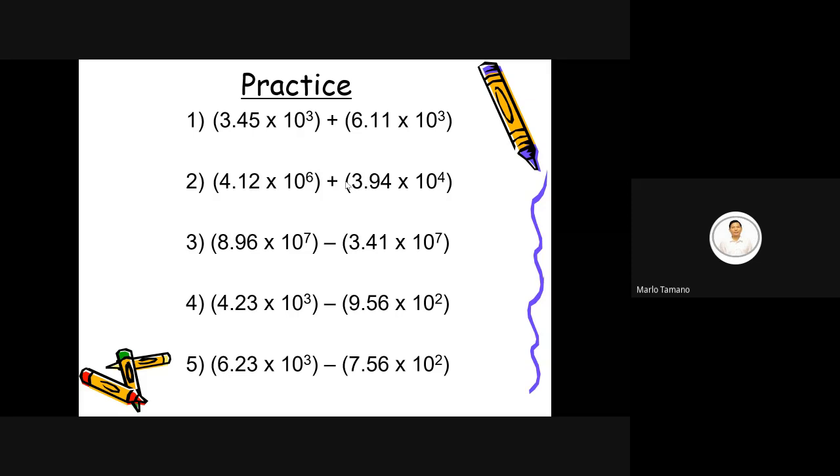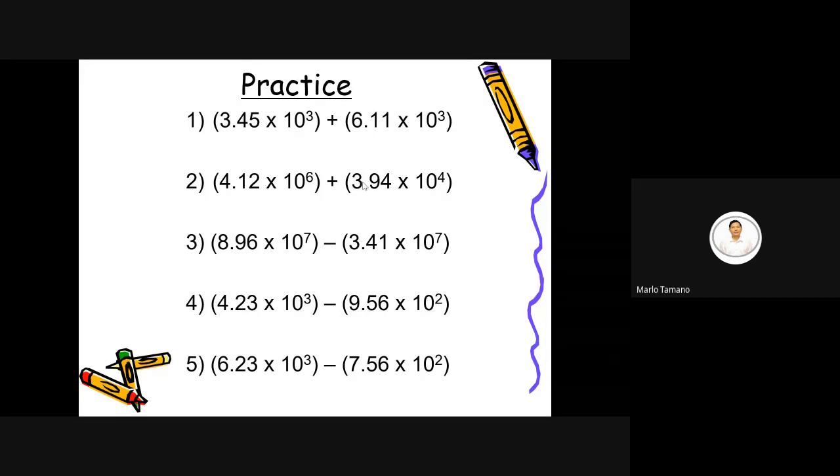Minus ulit, magkaiba ng exponent. 6.23... 5.67 times 10 to the third power. Ulitin. 6.23.